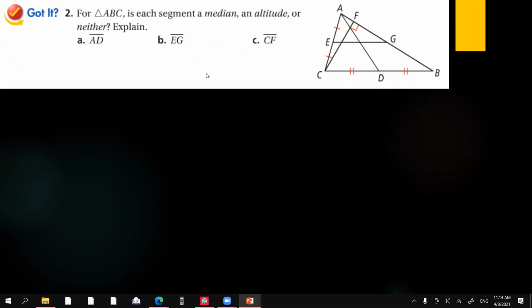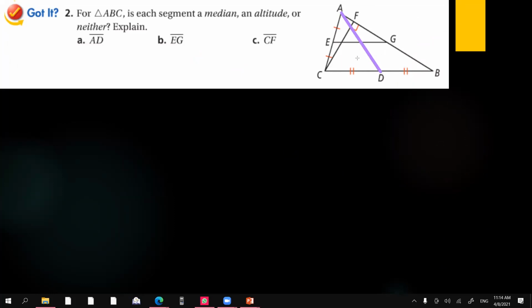Now here, for the triangle ABC, is each segment a median, altitude, or neither? Let's start now with AD. AD is starting from the vertex, ending at a point that cuts BC into two equal halves.